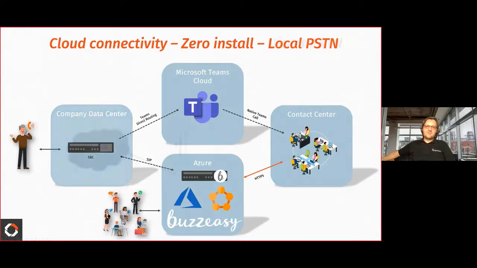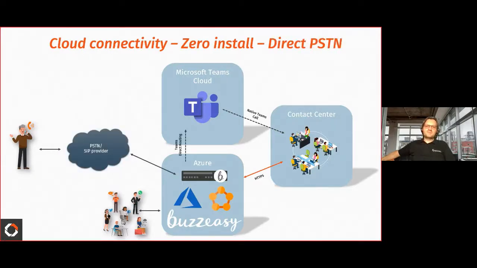And there is a third option. This third option is to directly connect the PSTN or the SIP provider to our data center, in case we manage the voice traffic, and we can directly connect to the Teams tenant through direct routing.